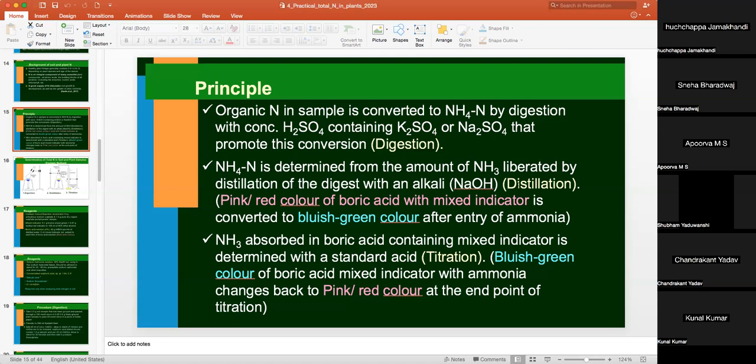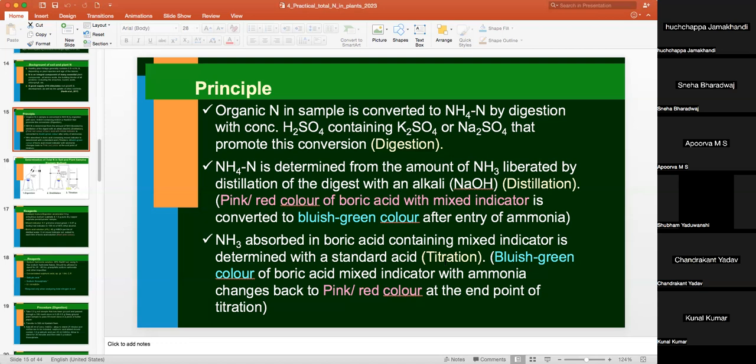So when the ammonia enters, ammonia is alkaline in nature, when it enters the boric acid mixed indicator solution, the bluish green color appears. The new color will be bluish green. Then we go for titration.